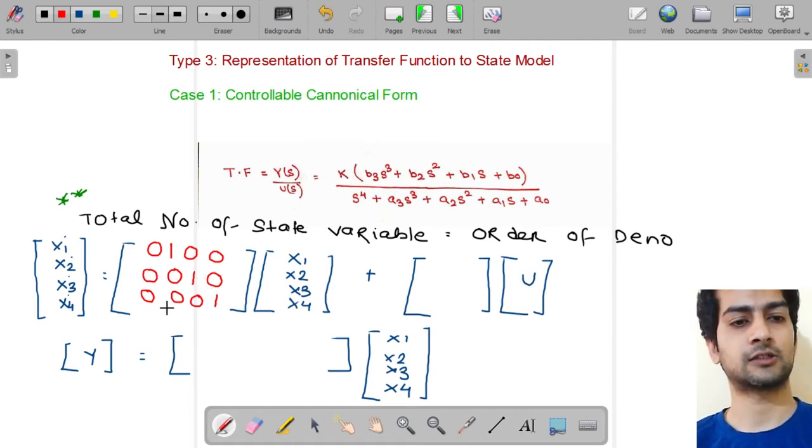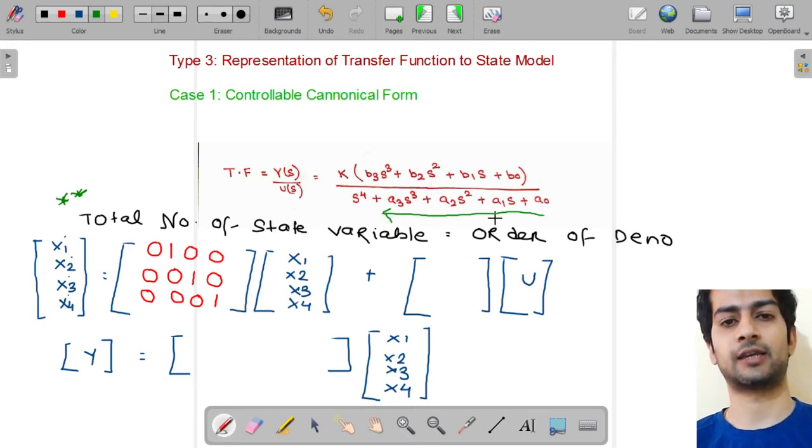Now come to the last row. Very important. For this, we have to take the coefficients of the denominator in reverse order, in reverse direction, with opposite sign.